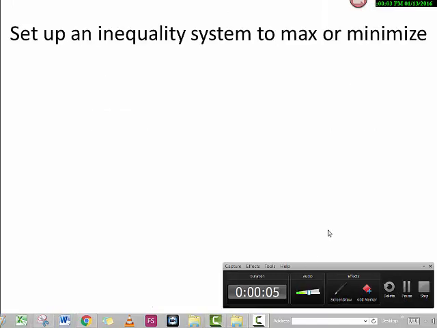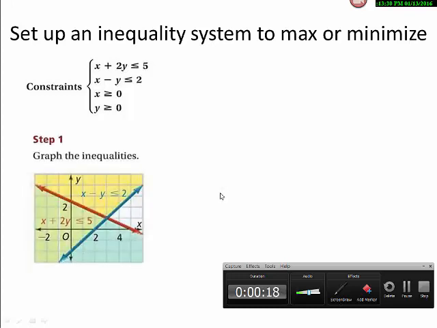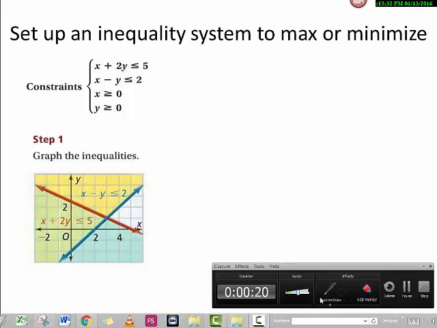Now, let me give you an example of how to set up an inequality system to maximize or minimize the value of a solution set. This is what linear programming is all about. You're given a set of constraints, which is basically a system of linear inequalities. Based on the set of constraints, we can graph the inequalities. Let me walk you through the whole process.